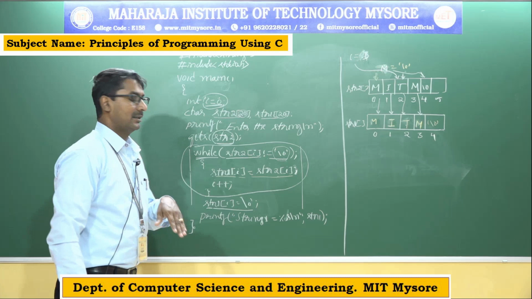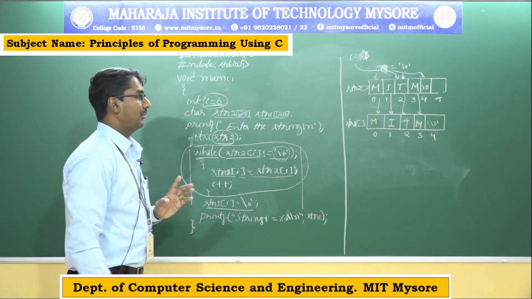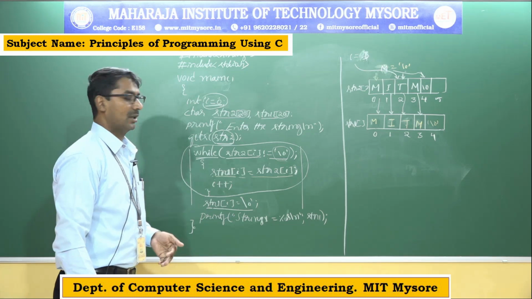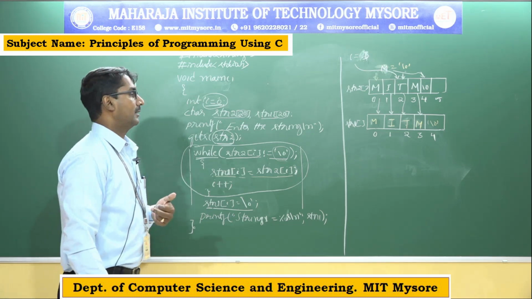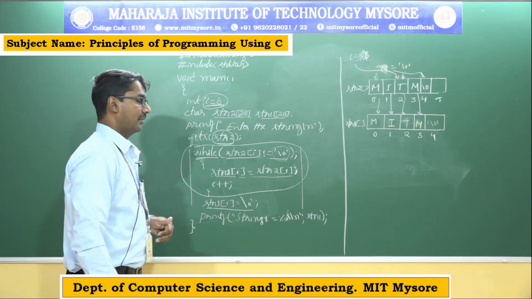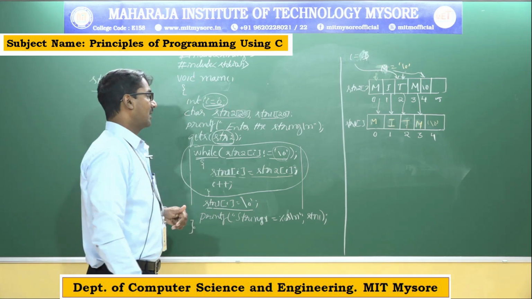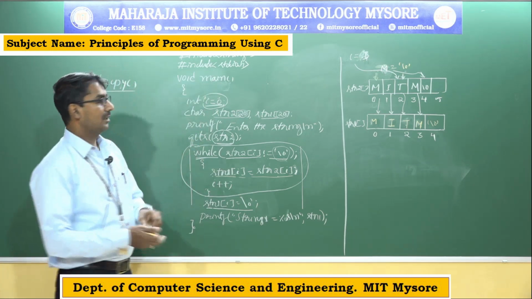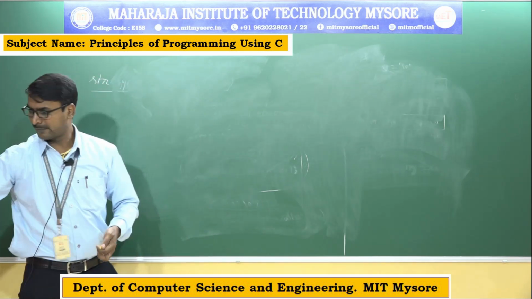So I already mentioned we can perform string handling without using built-in function, but the program complexity is more. So we can use built-in function for handling or perform string manipulation operation. Okay, this is about string copy operation.